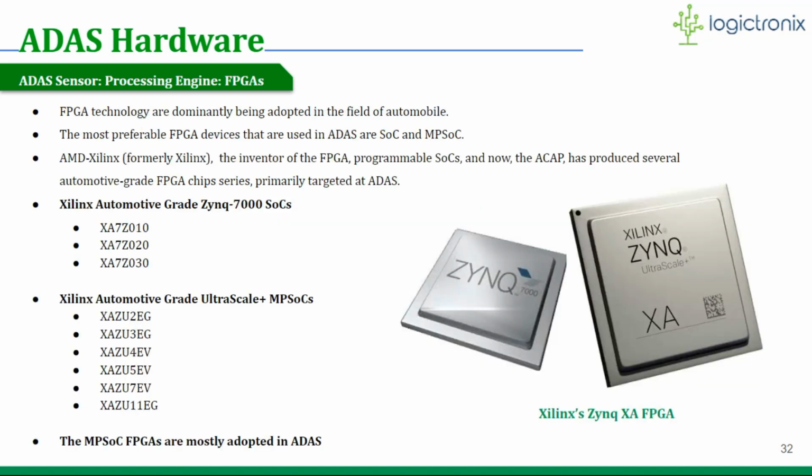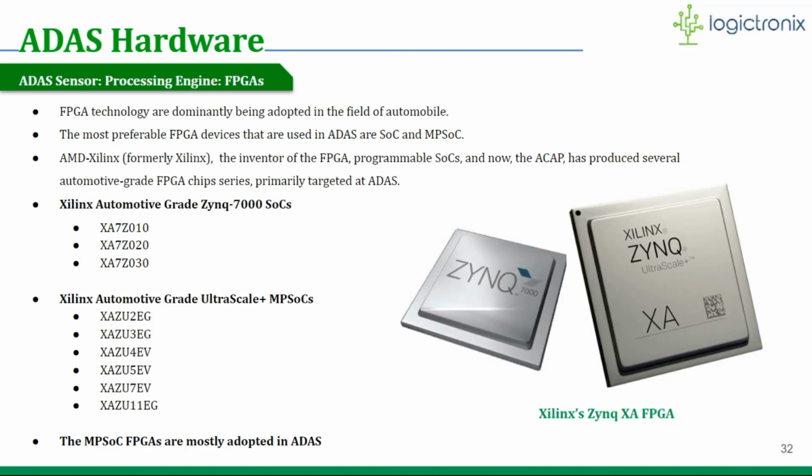When we talk about FPGA devices, their uses and applications are rapidly spreading over the automobile field. The most preferable FPGA devices that are used in ADAS are SoC and MPSoC. AMD Xilinx, which was formerly Xilinx, has produced several automotive grade FPGA chips, which are primarily targeted for ADAS.